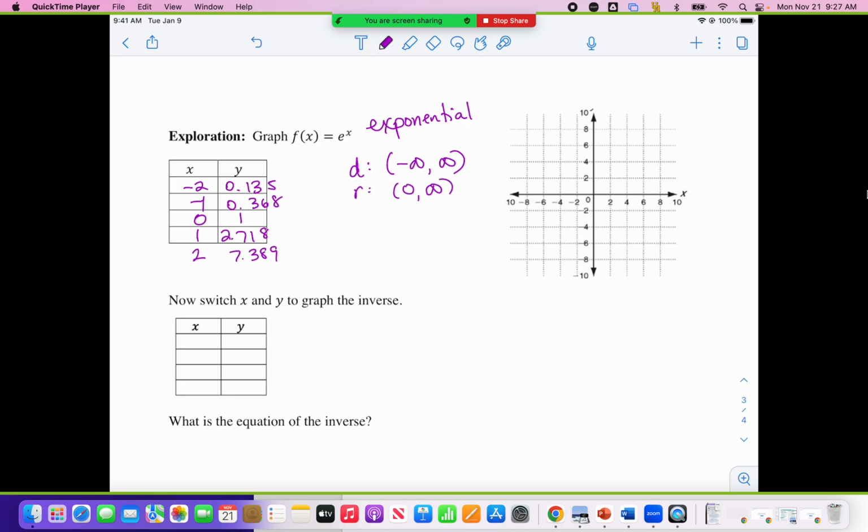The range is 0 to infinity. I have a horizontal asymptote and a y-intercept. So I'm going to sketch that. Note that my tick marks are going by 2s.